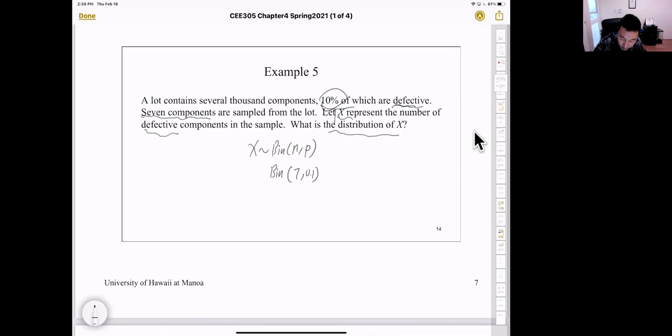So we know it follows the binomial distribution (7, 0.1). We can calculate, for example, the probability for these 7 samples that X is less than or equal to 4, pretty easily. How to do that? We'll discuss it in the following slides.